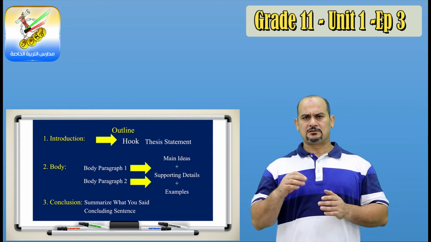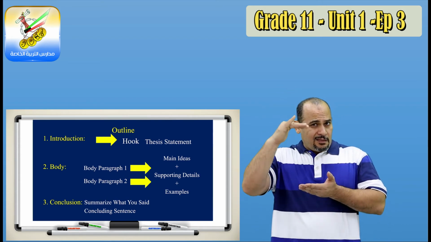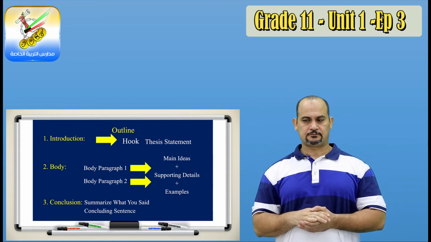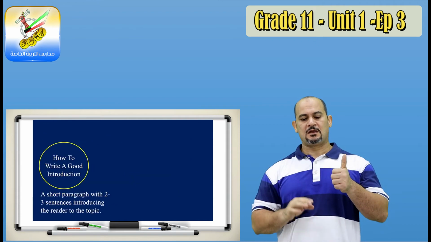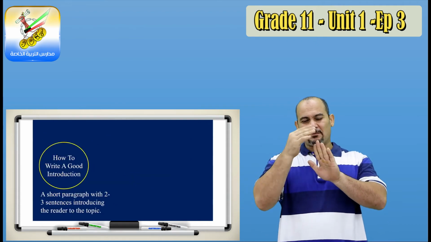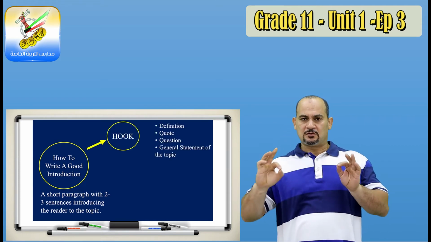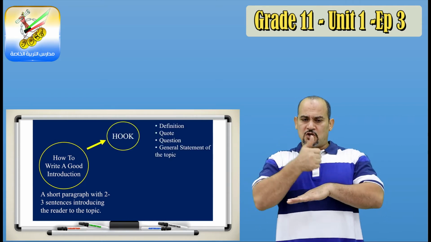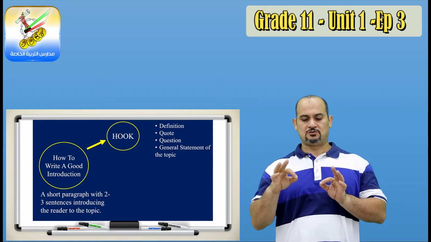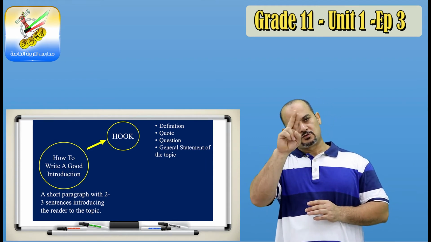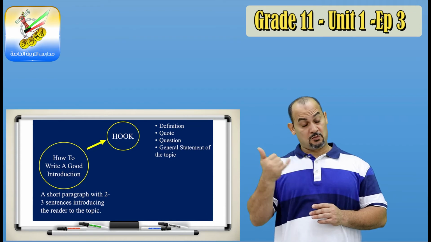Summarize what you said or write a concluding sentence. First, how to write a good introduction. A short paragraph with 2 sentences introducing the reader to the topic. It must include the hook. The hook, you can write either definition, quote, question, general statement of the topic.